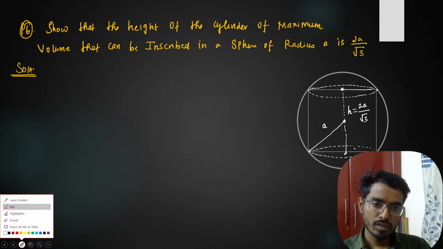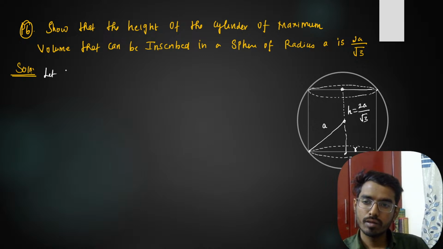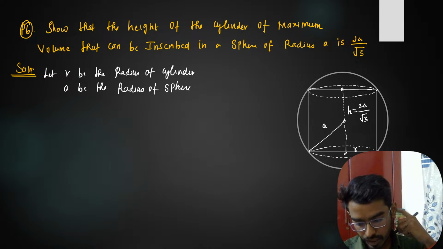Okay, so we'll prove this. Let r be the radius of the cylinder and a be the radius of the sphere, right?